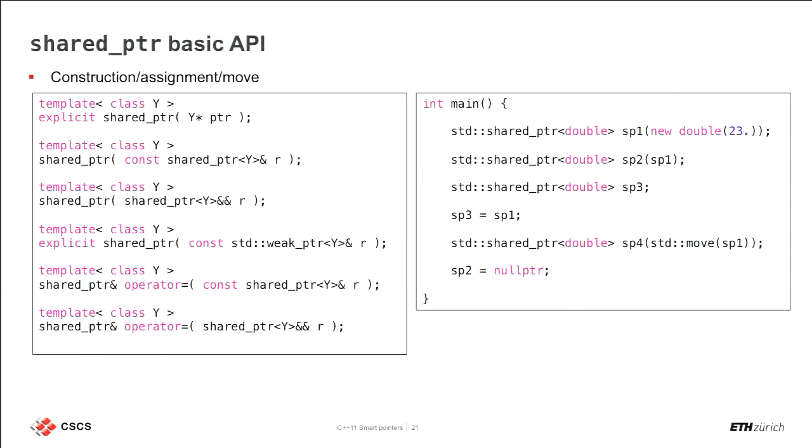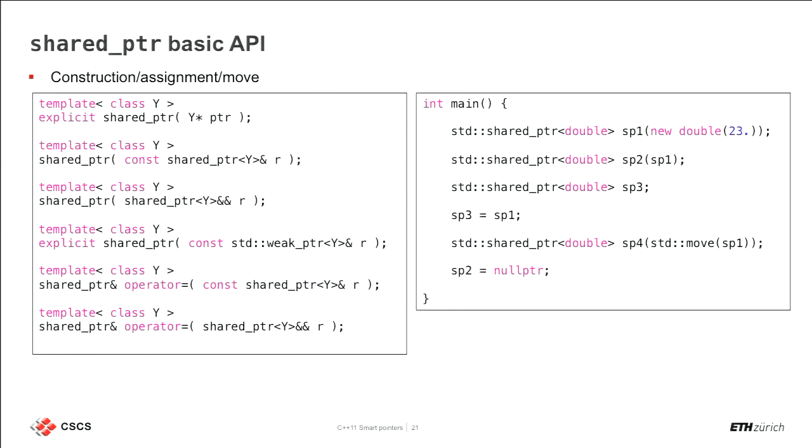In this case, we are using the assignment operator, which is this one. Here we are using the move semantics for the move constructor, which is here. And here we are assigning sp2 to nullptr, which is basically the way you can detach your shared pointer from the managed resource.